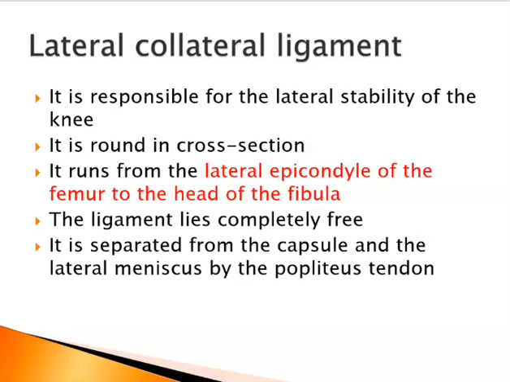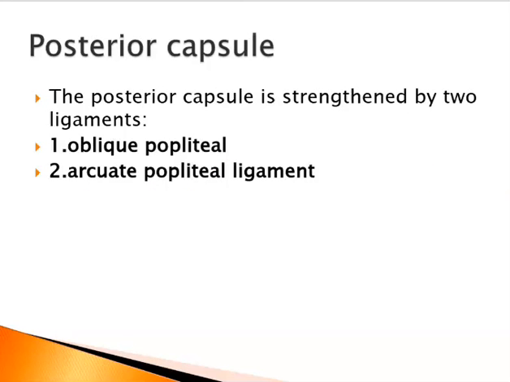It is separated from the capsule and the lateral meniscus by the popliteus tendon. Then we come to posterior aspect of capsule. The posterior aspect of capsule is strengthened by two ligaments, and they are oblique popliteal ligament and arcuate popliteal ligament.